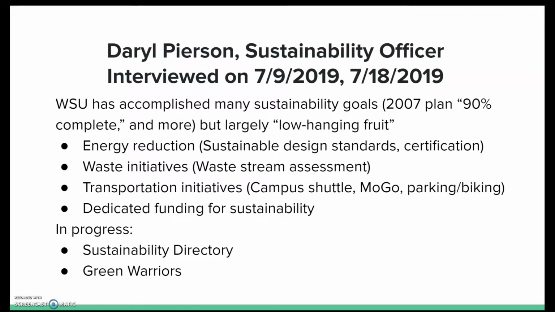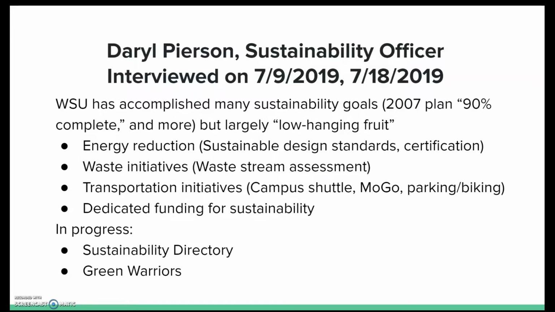So the 2007 plan is over 90% complete, and those accomplishments include various energy certifications around campus buildings like LEED and Energy Star, as well as a lighting retrofit that ended up saving the school money and energy.